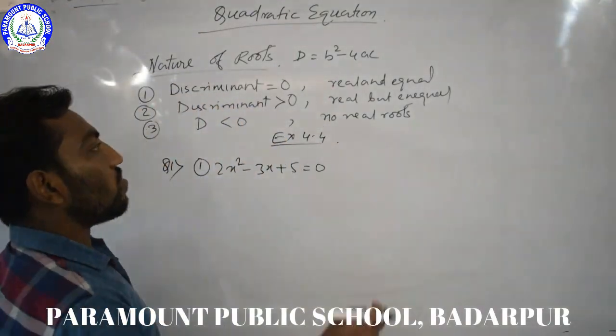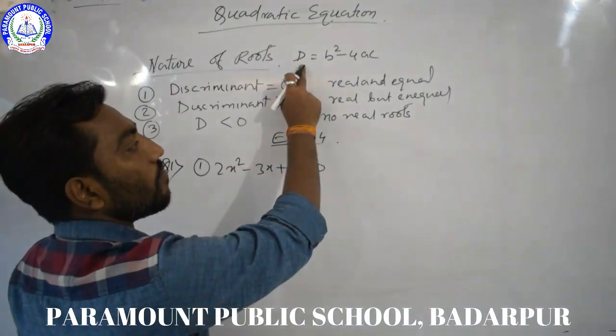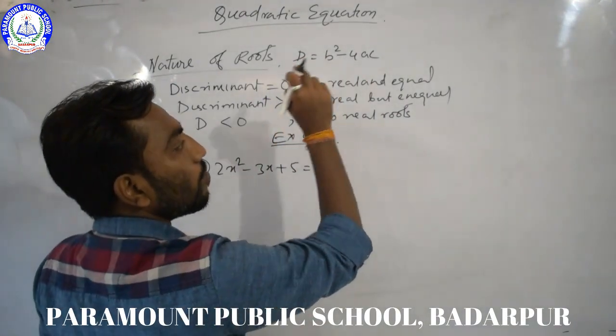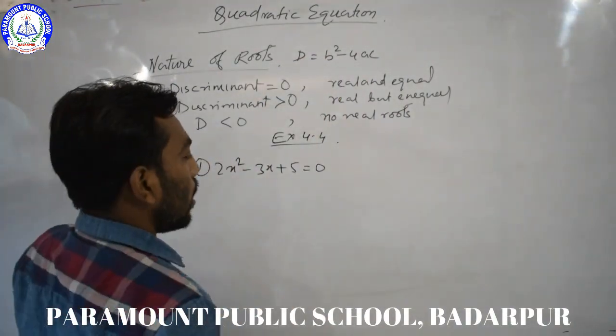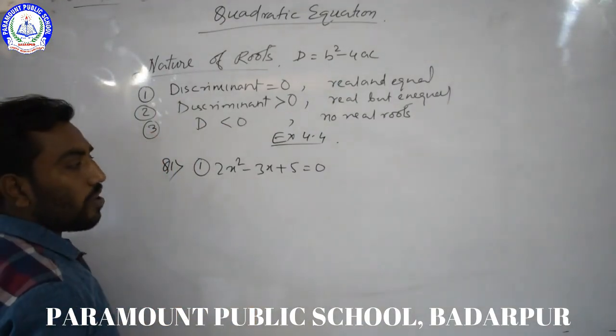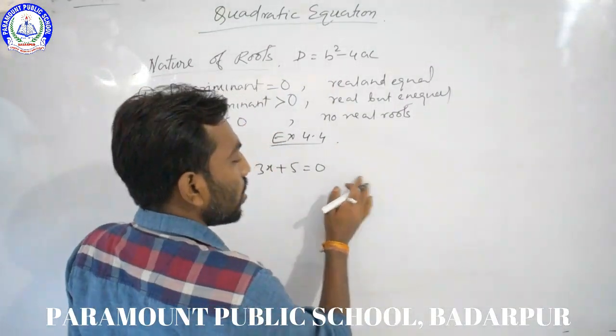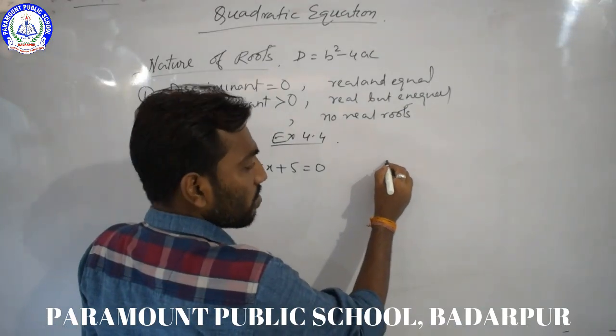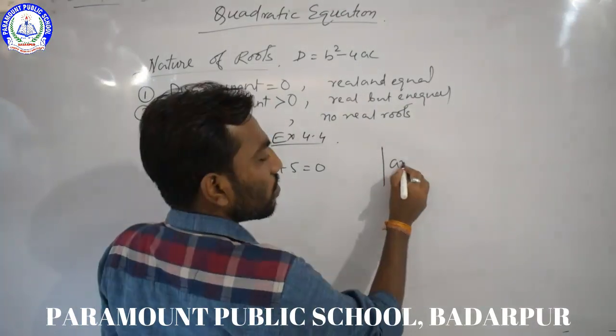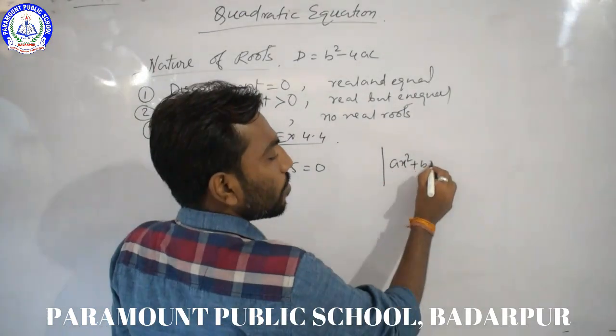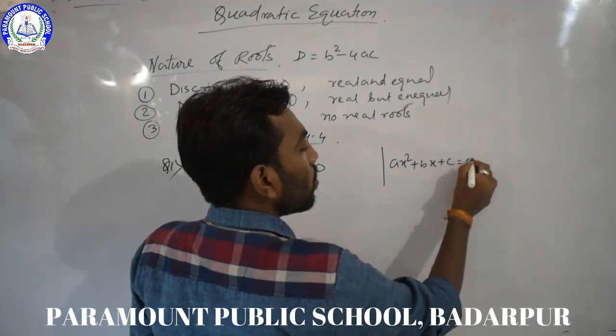So nature of the roots depends on our discriminant value, that is nothing but b square minus 4ac. And from the above given equation, what are our a, b, c values? We know the standard form of quadratic equation is ax square plus bx plus c is equal to 0.